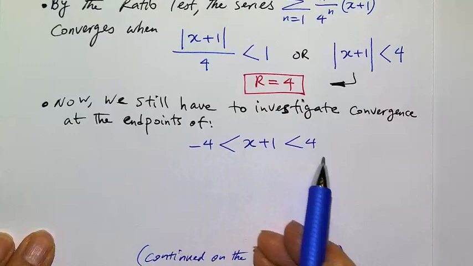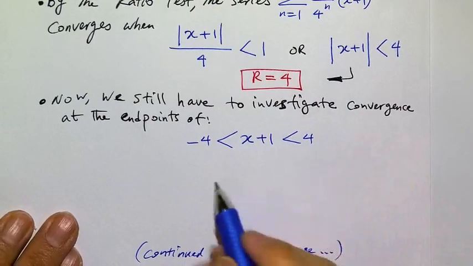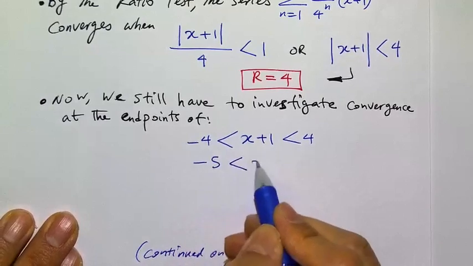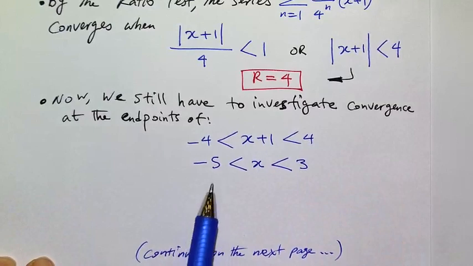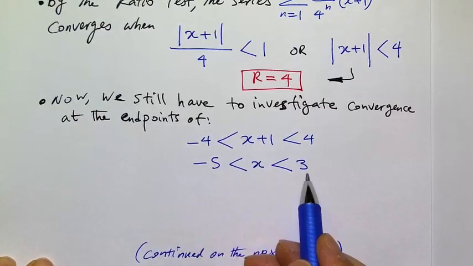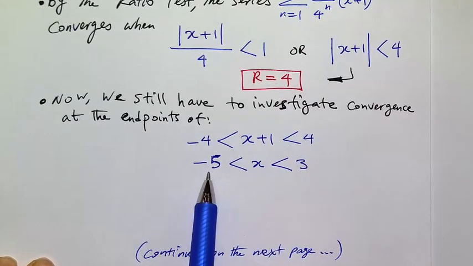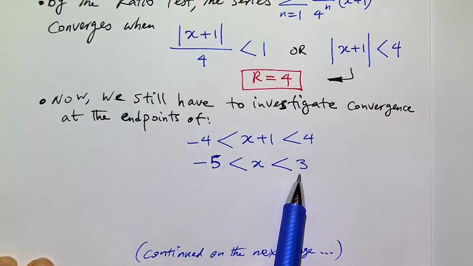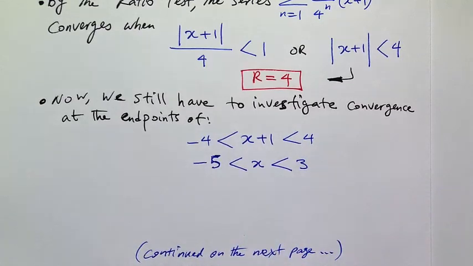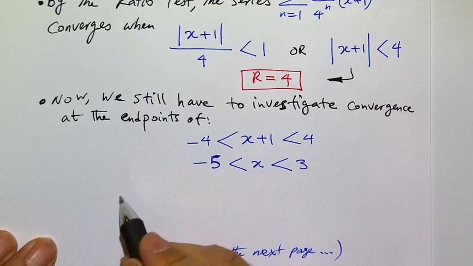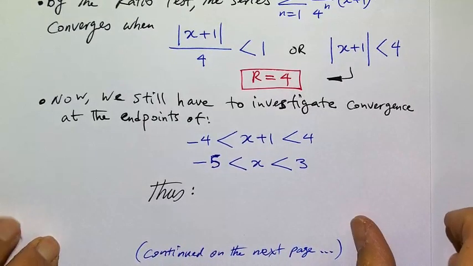Subtract 1 from all sides, and we get minus 5 here, we get x there, and then 3 there. So we know between negative 5 and 3, our series does converge. But what happens at negative 5 and what happens at 3, we need to investigate that. And then I'll say just thus, and then we'll see the rest of the solution.